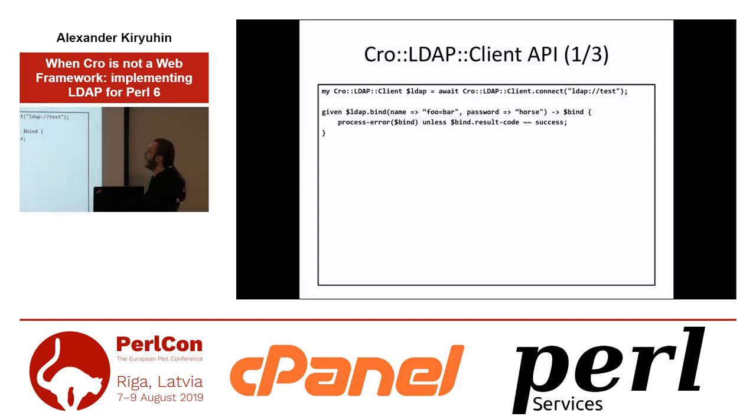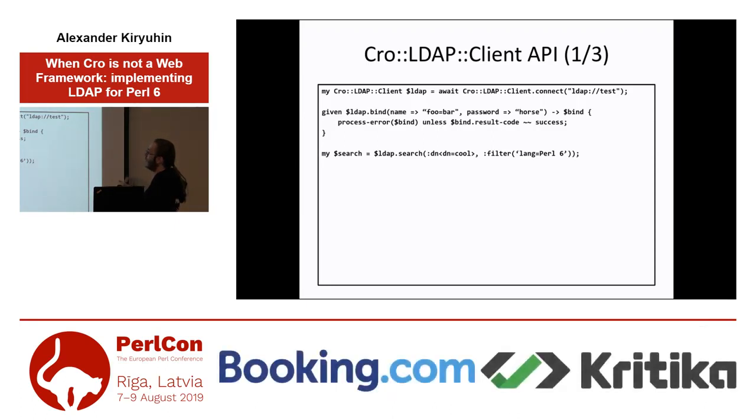And we can check the result code, and when the binding was not successful, we should somehow process the error. And the next interesting thing is a search. A search is pretty, how should I put it? It is pretty smart in LDAP. Here we just specify a very simple thing, a distinguished name, DN, of the entry which will be a root of our search.